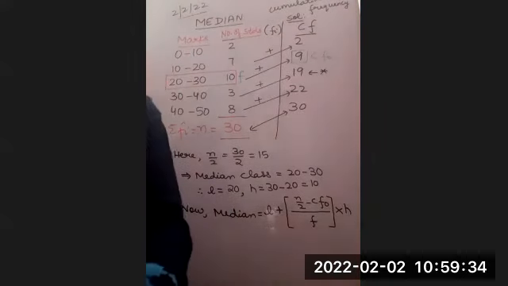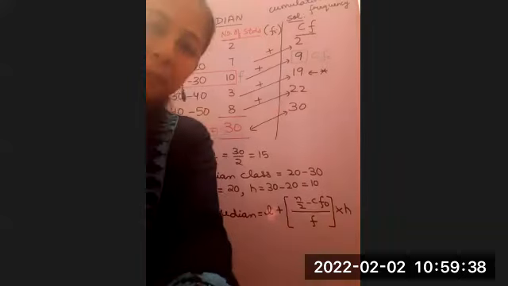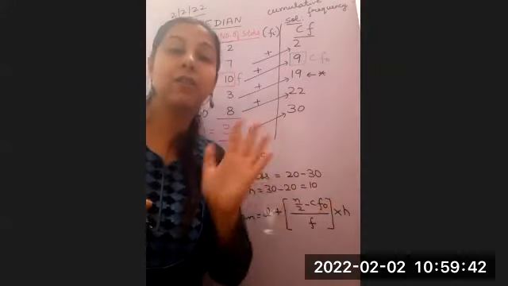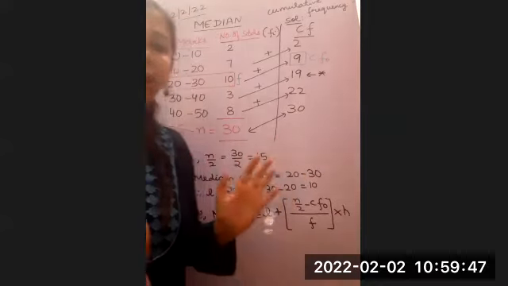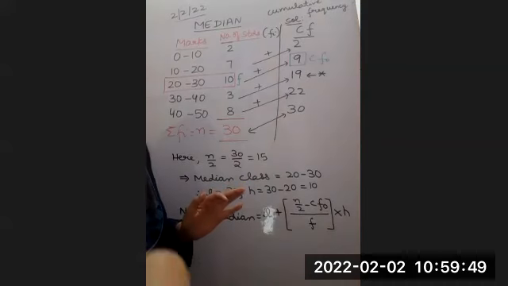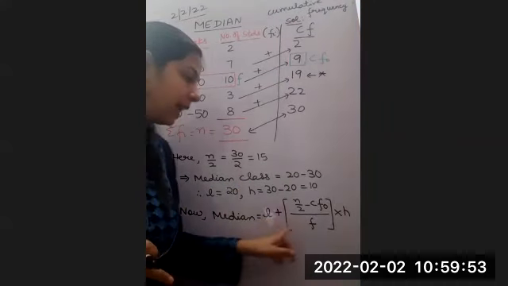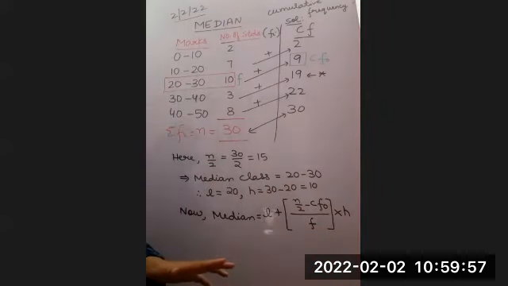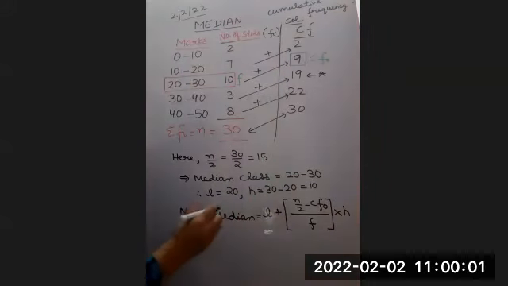So do we need to make data continuous if discontinuous data is given? Yes, ma'am. For mean, it doesn't matter whether the data is continuous or discontinuous because x i's are independent of that. But in case of mode and median, as we depend on L and h, we must take care of continuous data.